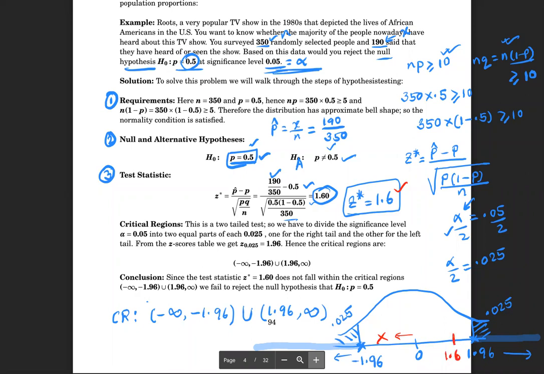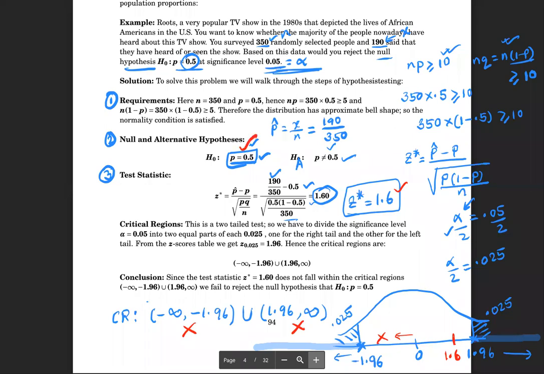So this test statistic does not fall to the right of 1.96 or to the left of negative 1.96. That means the test statistic does not fall in the left critical region, nor does it fall in the right critical region. Therefore, you do not reject the null hypothesis.